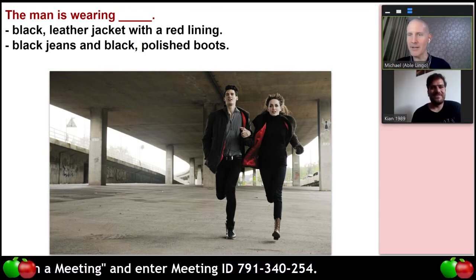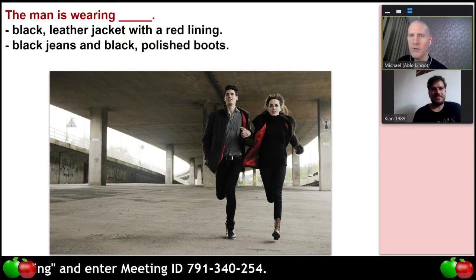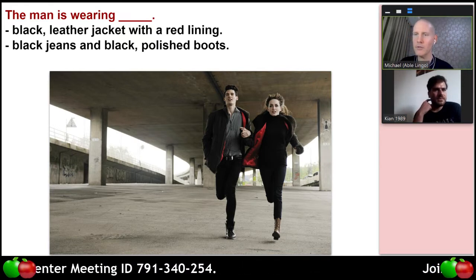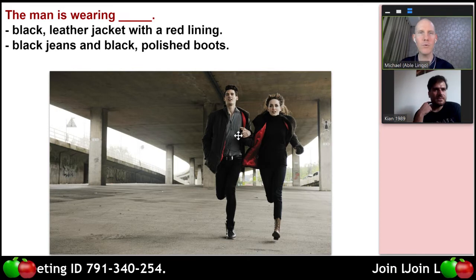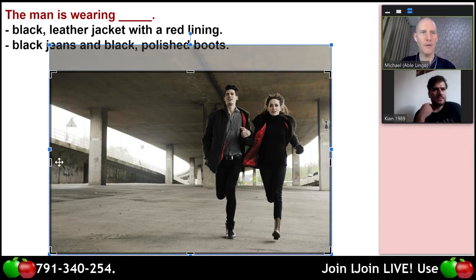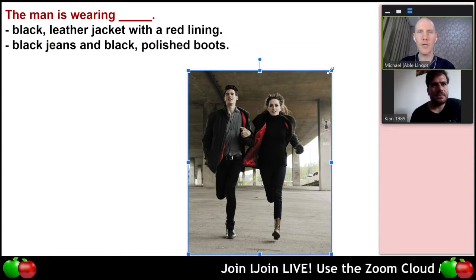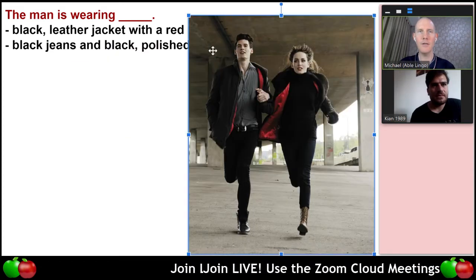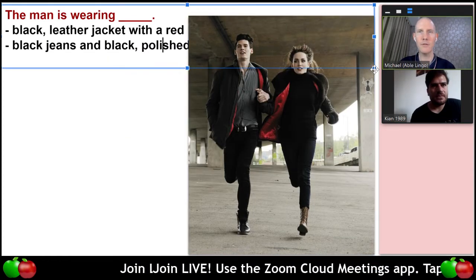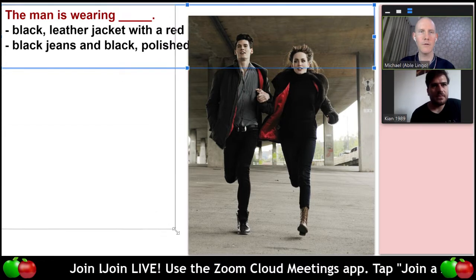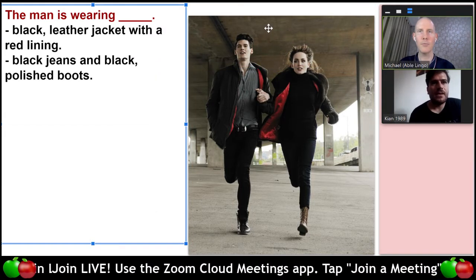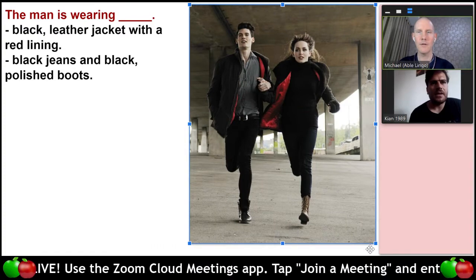Right. Okay. Let's see. UQ Kawaii says, can you make it bigger a little bit so I can see clearly what the man's wearing? Well, let's see. I'll focus in on the people because the background, we already talked about the setting. How about we do this? It's better now? Okay.